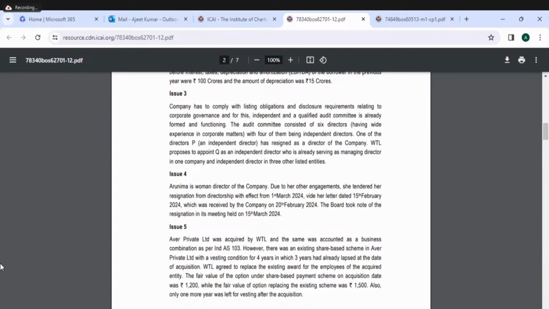Remember students, audit committee is one of the main pillars of corporate governance. The audit committee aims to enhance the confidence in the company's financial reports and announcements and the internal financial controls and everything. If an audit committee is saying something, then it means that the company is bound in many cases to apply it.